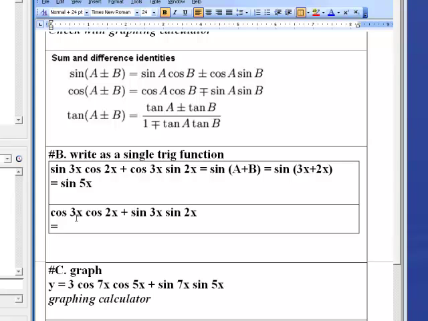Cosine cosine plus sine sine. I'll also make sure that it's 3x, 2x, 3x, 2x.